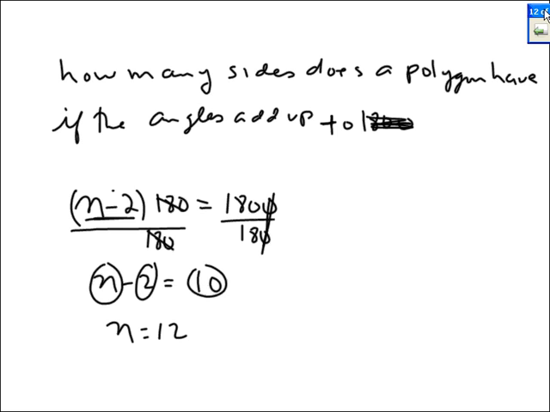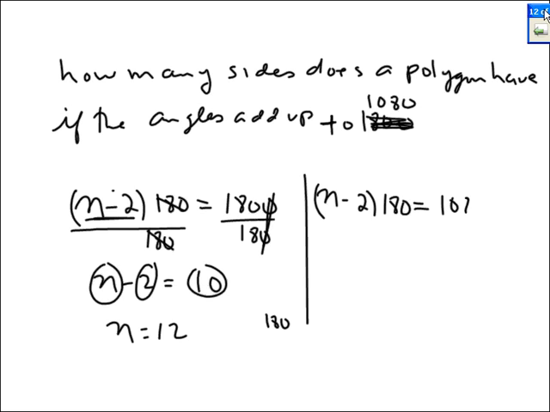What if instead of 1800, I have 1080? Okay, so n minus 2 times 180 is 1080. Divide the left side by 180. You get 2 less than the number you want. Divide the other side by 180.